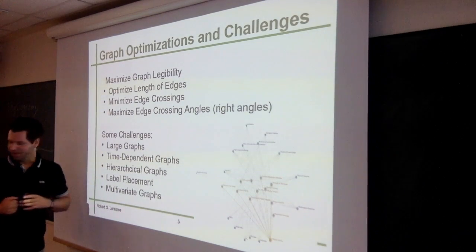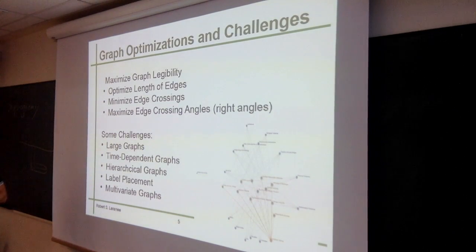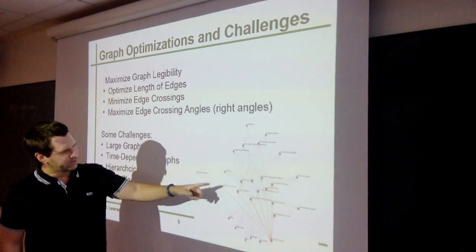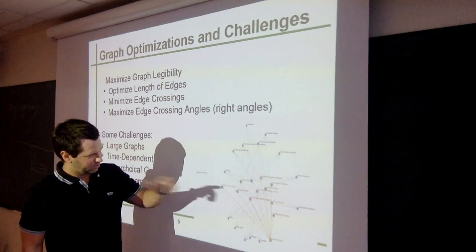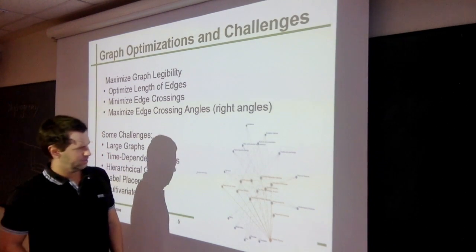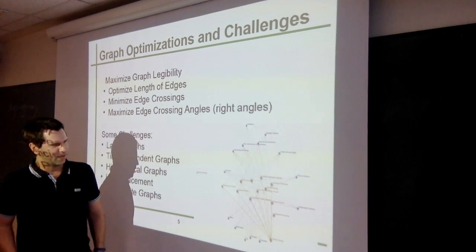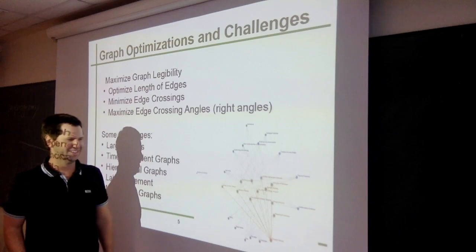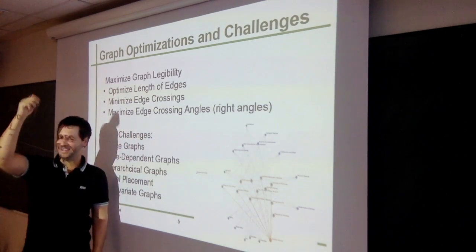If we want to make a nice graph, how do we make it nice? Like, this is not so nice. I mean, it's kind of nice, but it's not nice in some ways, right? This is nice because it looks kind of nice. Like, I could imagine a decoration. You could hang it from the ceiling.